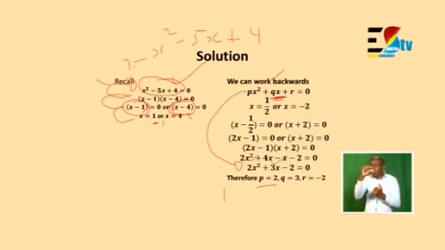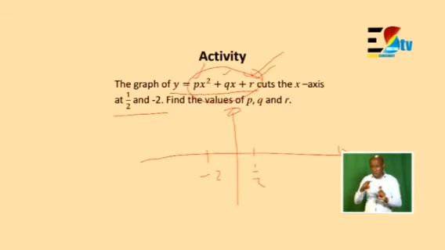The coefficient of x is 3, which means q is equal to 3. Then r is the term that doesn't have x. This is the one here. So r is equal to negative 2. Hence we have found those coefficients that the question was requiring us to find, the values of p, q, and r. So you can work backwards.